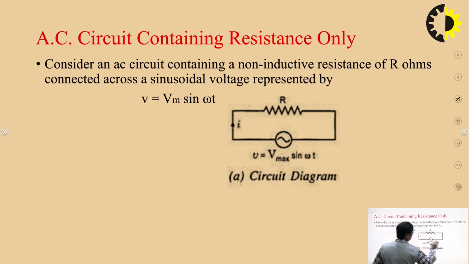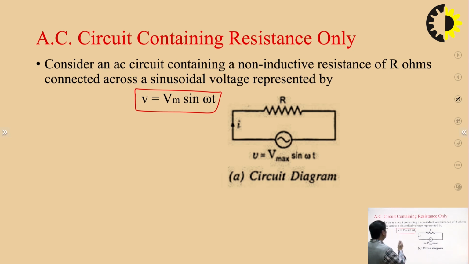The equation is V equal to Vm sin omega t, where V is the instantaneous value, Vm is the maximum value, and omega is the speed in radian per second. Now, when we supply the voltage, there will be some current in that.